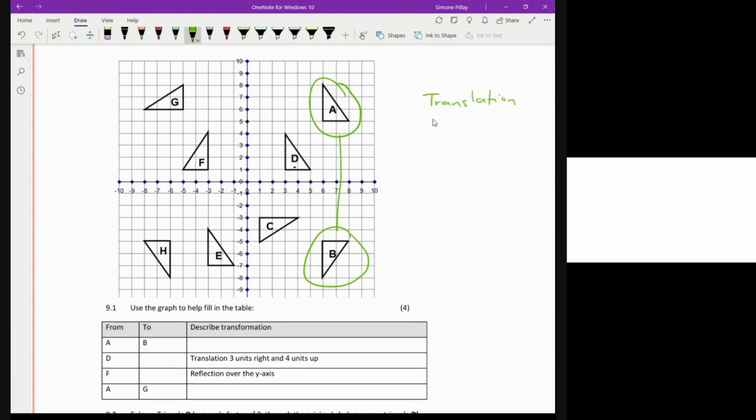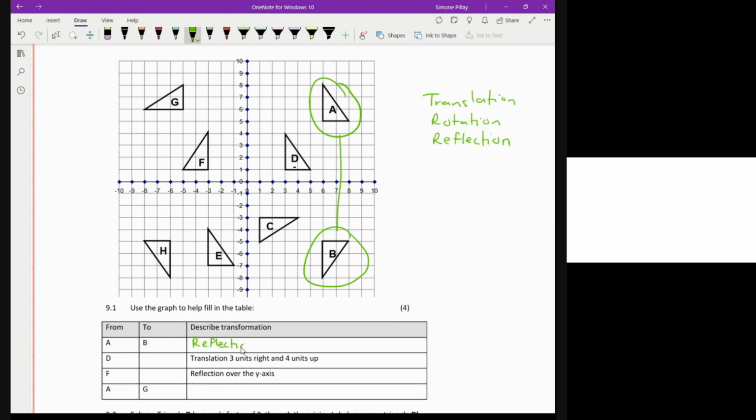You can have a rotation, that's when you turn your shape around. You can have a reflection, that's when you do almost like the symmetry mirror kind of thing. I'm trying to think what else there is. And Uma has gotten it. It is a reflection. Okay.